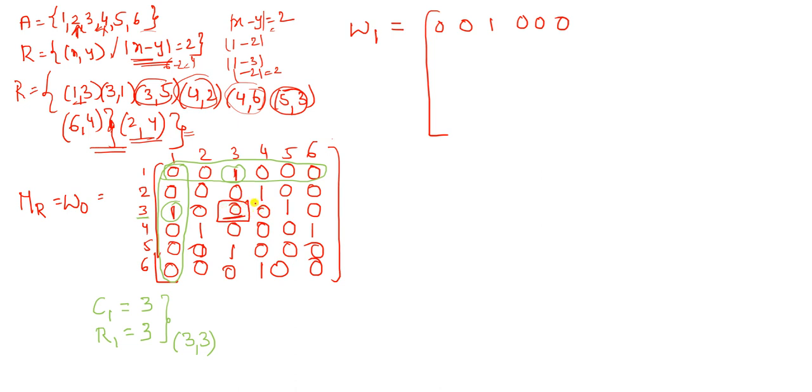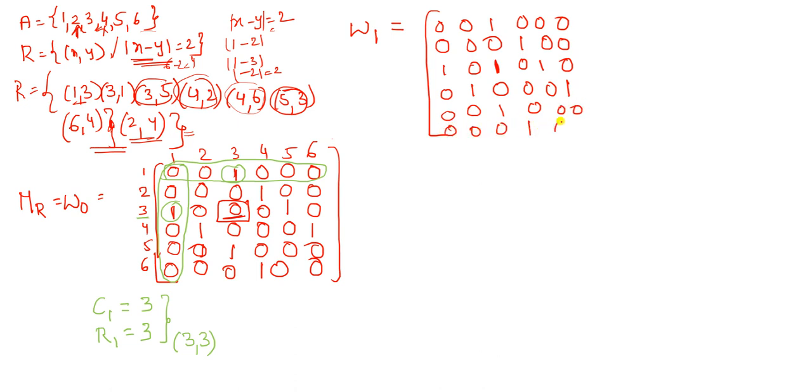The remaining elements we just copy. 0 0 0 1 0 0, and next 1 0, here we have to insert 1, this is 3 3. And next 0 1 0, 0 1 0 and 0 0 1, and the fifth row 0 0 1, and 0 0 0, and next 0 0 0 and 1 0 0. Okay, so this is our W1.